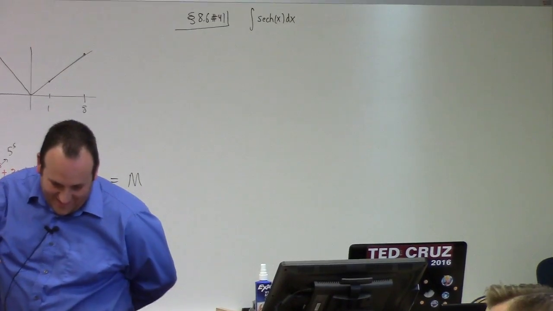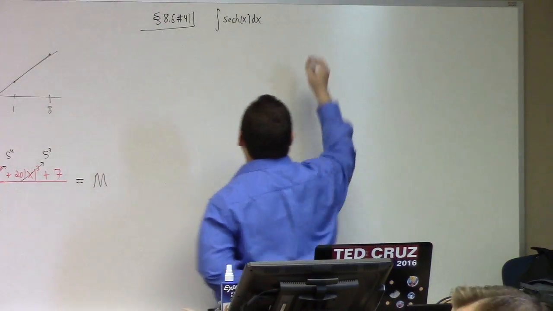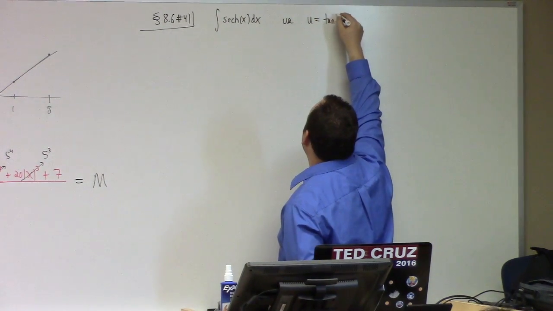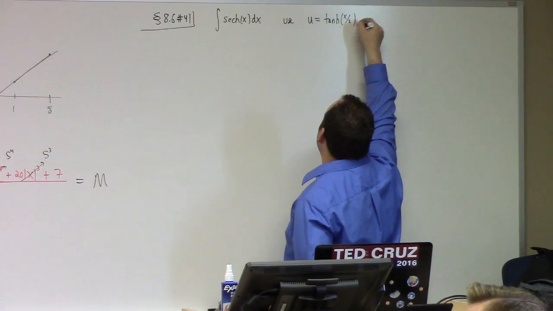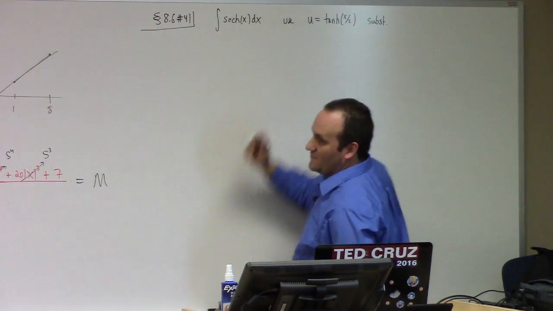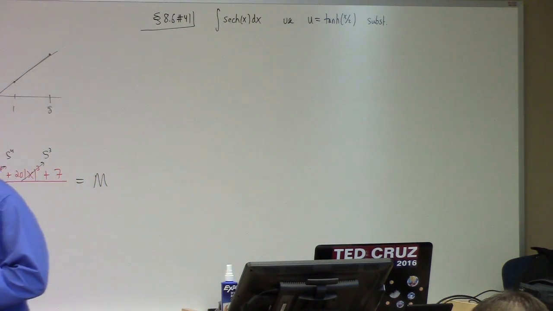So he says you can integrate it by using a hyperbolic tangent. He says use u equals hyperbolic tangent of x over 2 substitution. In other words, use the hyperbolic analog of the Weierstrass. We call it the hyper-Weierstrass substitution.